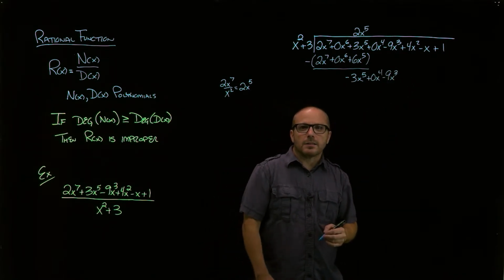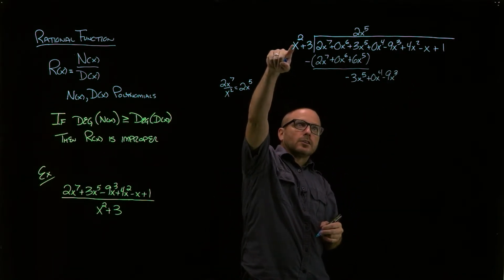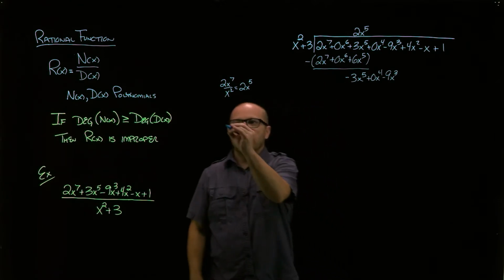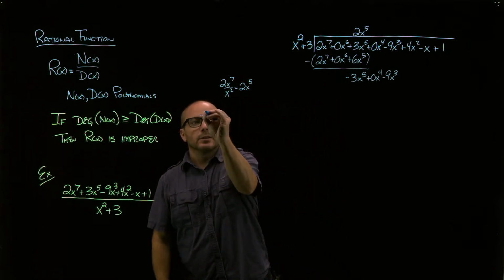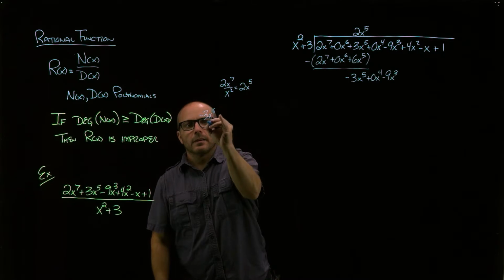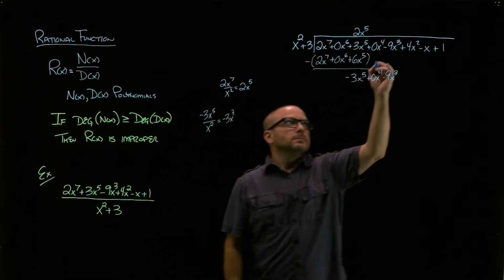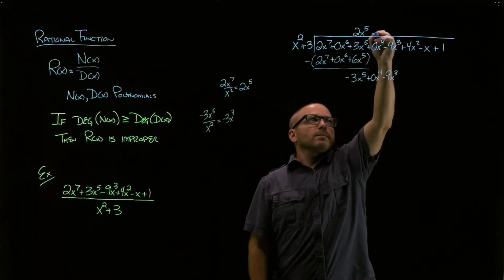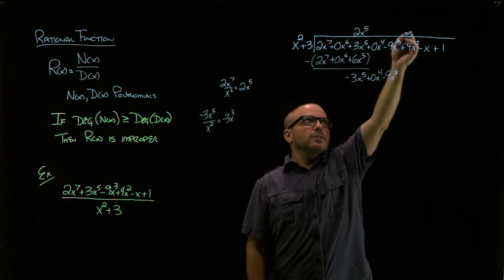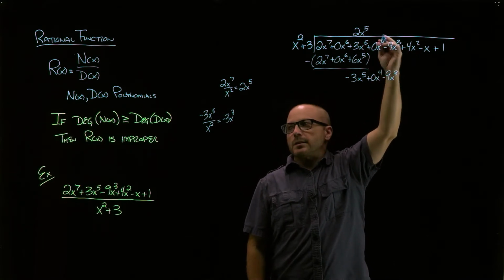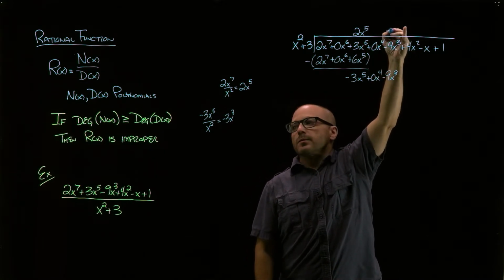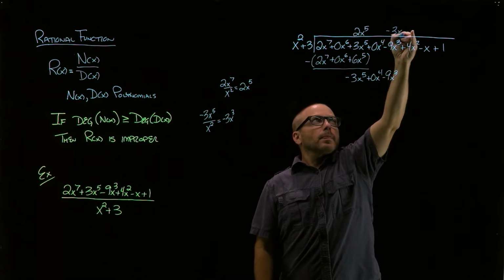So now I need to divide this lead term x squared into that lead term there. So the lead term's negative 3x to the 5th. I'm trying to divide in x squared, negative 3x cubed. Again, I could put in a 0 placeholder, but usually up top, since I'm just writing the numbers, I'll just skip that space. So minus 3x cubed.